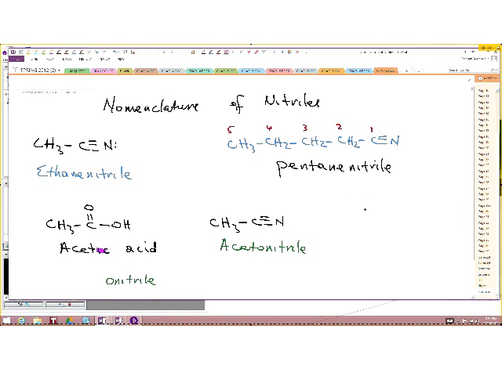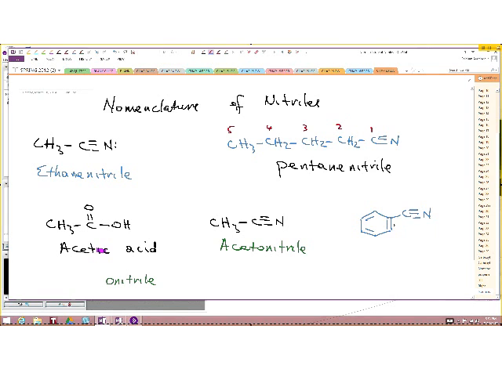Also, another example, say if we have this here. Yes, you could call it ethane nitrile, but what I'm giving you here are two different ways of naming nitriles, particularly if the corresponding carboxylic acid is a fairly simple carboxylic acid.